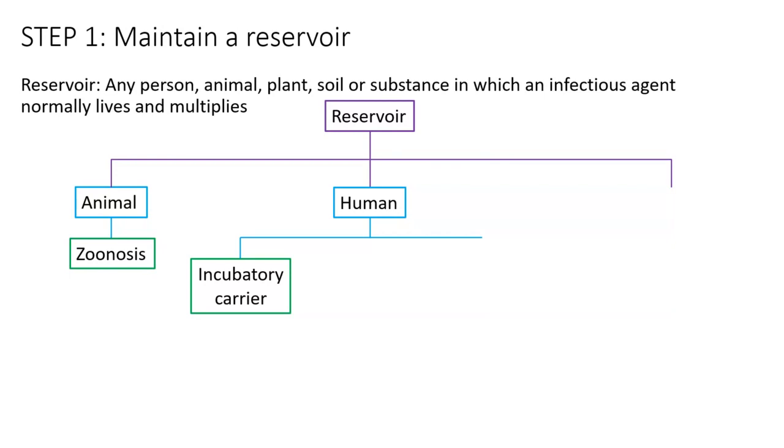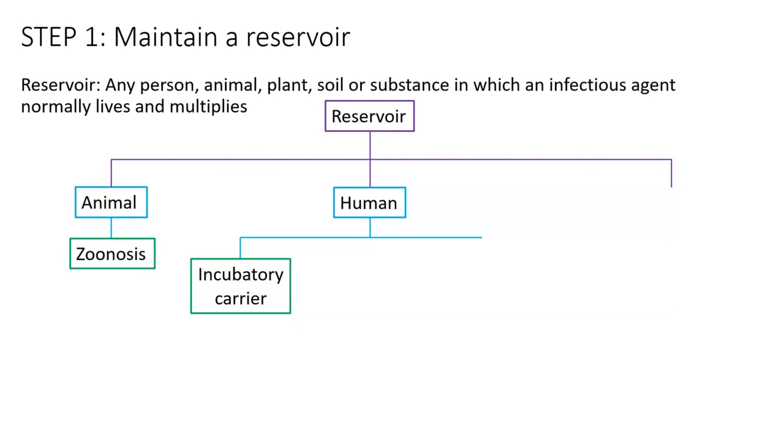So when we think about human reservoirs, we often refer to this as carriers. And so there are 3 types of carriers that we're going to be talking about. An incubatory carrier is going to be an individual who has an infection and is able to transmit the pathogen during the incubation period.